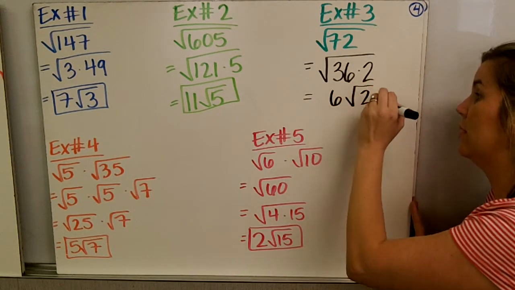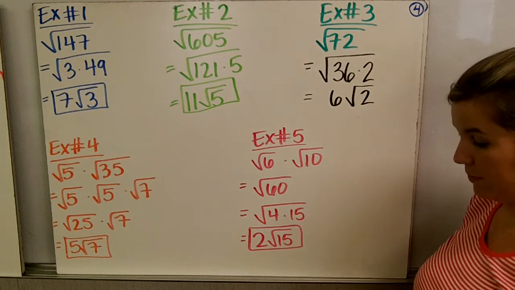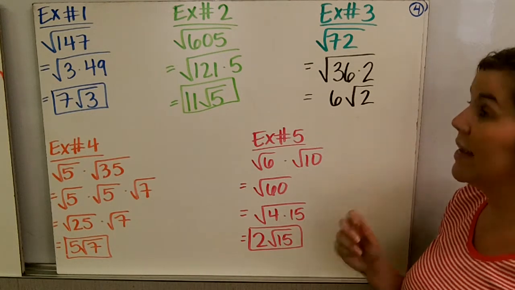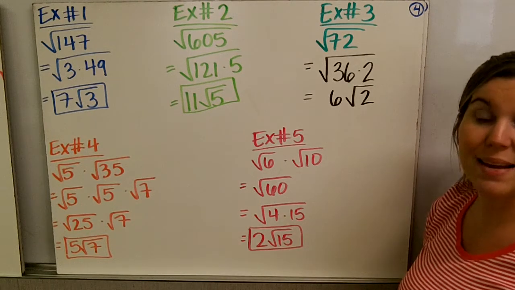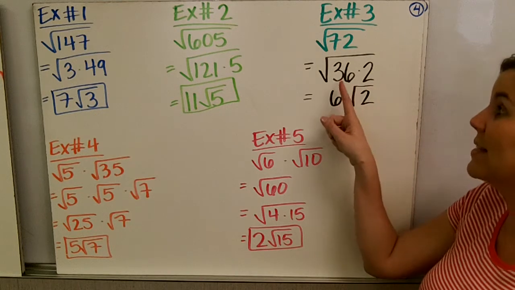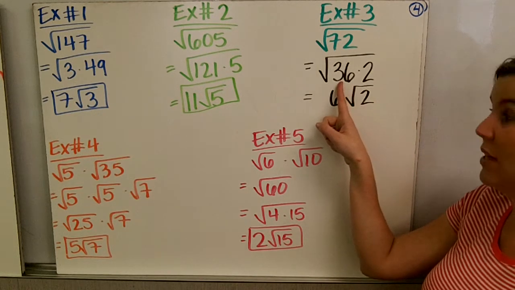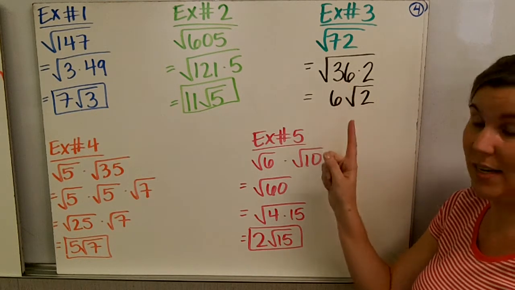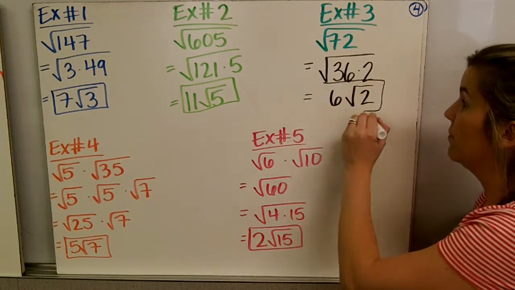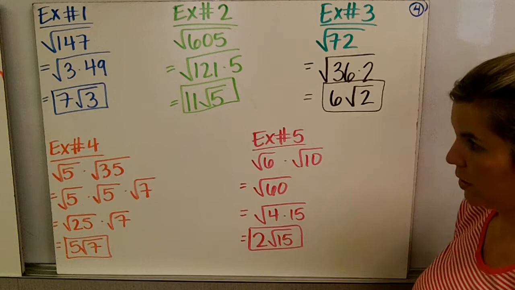The 2 stays underneath. Now, you might have been thinking that 8 times 9 gives you 72, and 9 is a perfect square. However, that 9 is not the biggest perfect square that goes in evenly into 72. 36 is. So 6 times the square root of 2 would be your answer.